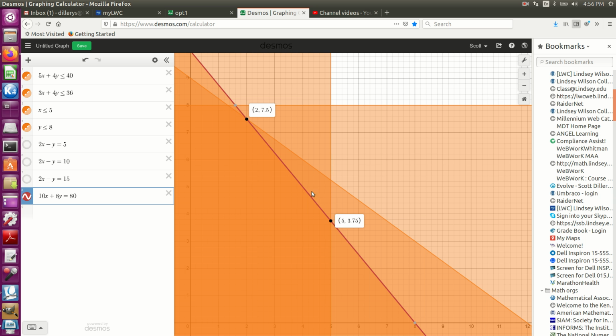So there's not always just a single answer. Sometimes you can have a whole lot of answers, anything in between the 2 points, but it's not typical. Usually you're going to have something like we had with that one, where it only hits at a single corner. Okay, so that's the idea of putting an objective in with our feasible region.